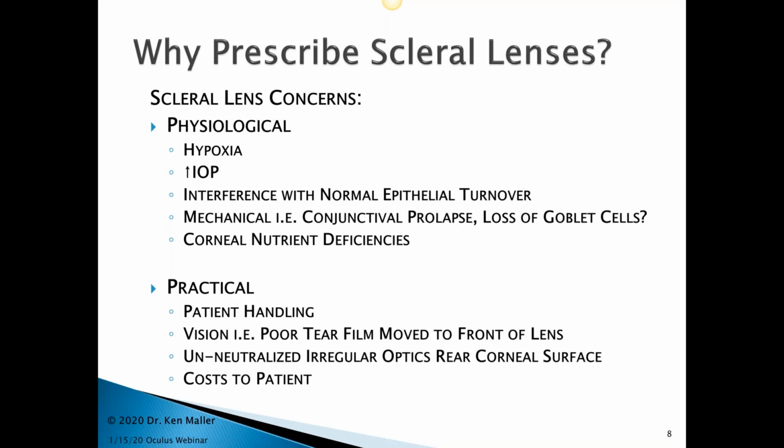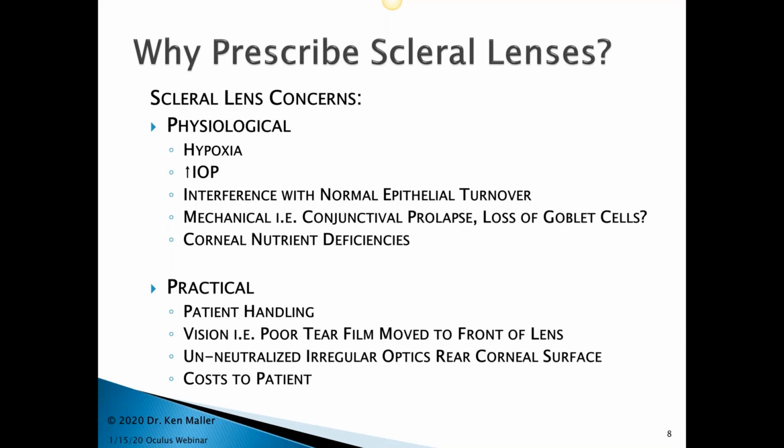Increased IOP. Finally, after many years, a study was released. It was a multi-center study about a year and a half ago or so, that did show that the average IOP is raised by 5 millimeters of mercury at 5 hours of wear, and again, this was an average, so that means that some may have higher, some may be a little bit lower, but this is certainly a concern if you have a fragile nerve and you're concerned about glaucoma.